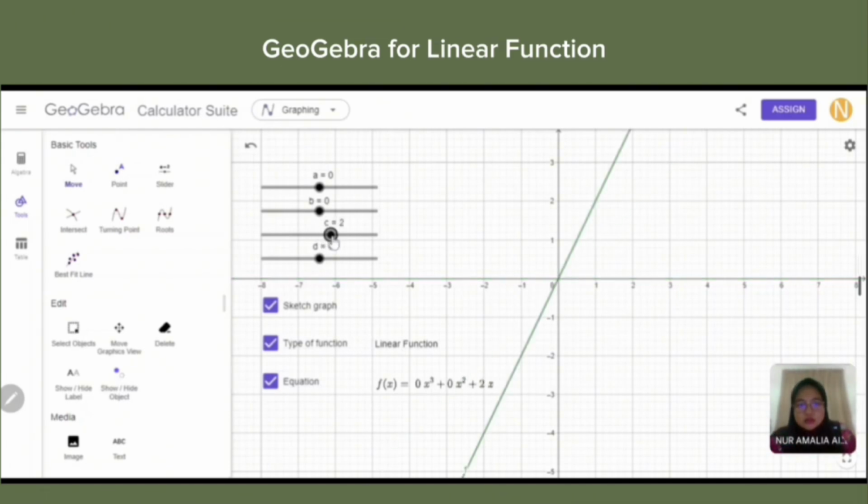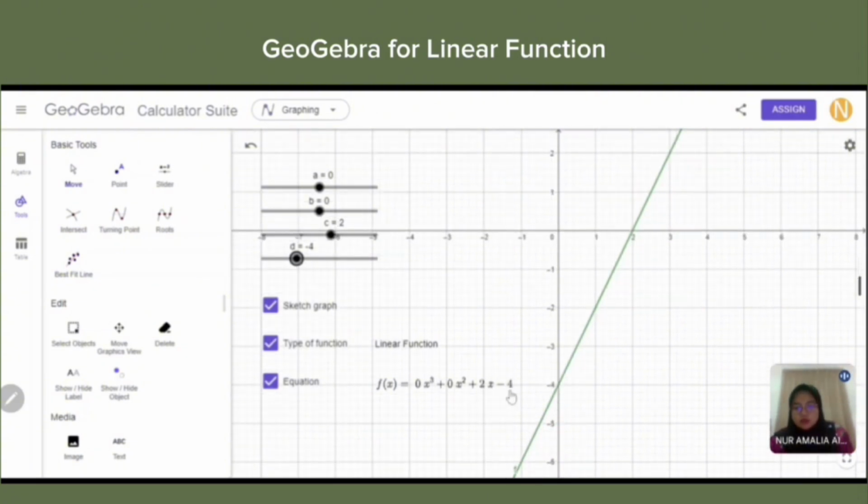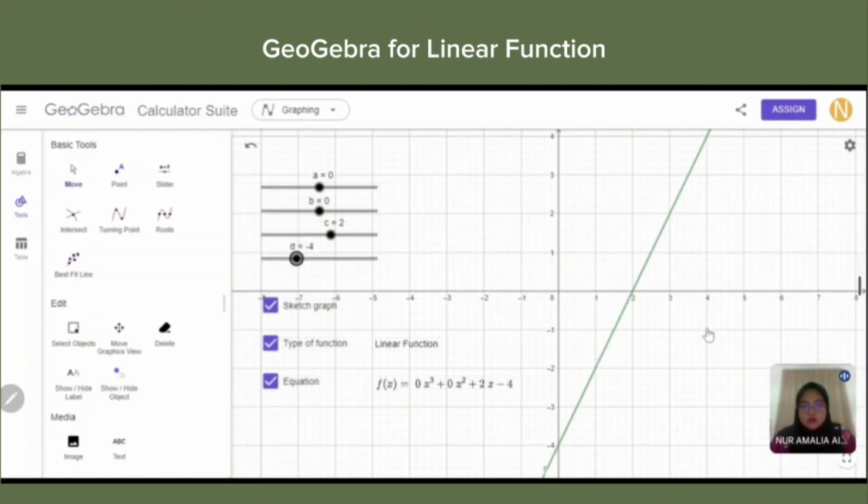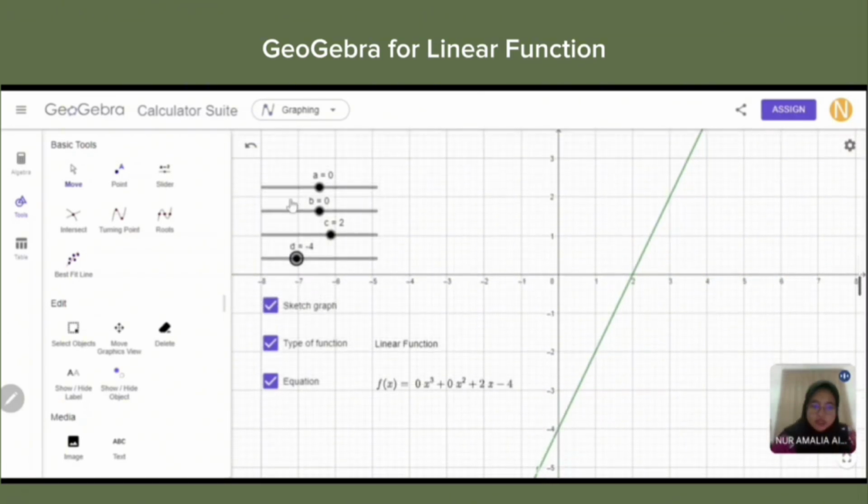So we move C to 2, so you can see here 2x, and D is minus 4, so the constant is minus 4. So the equation is f(x) equals 2x minus 4. The type of function shown here is a linear function. So that is how we use GeoGebra when solving the linear function.